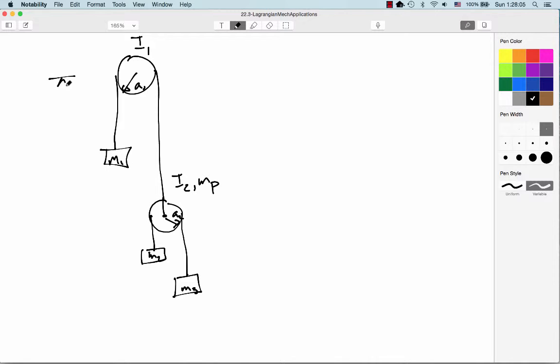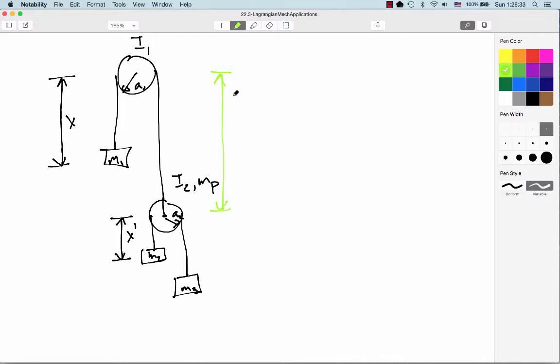The first one will be how far M1 has dropped. We'll just call that one X. And then the second one is how far M2 has dropped with respect to the pulley it's hanging off of. We'll call that X prime. Okay, other relevant distances in the problem will be the distance between the pulley centers.